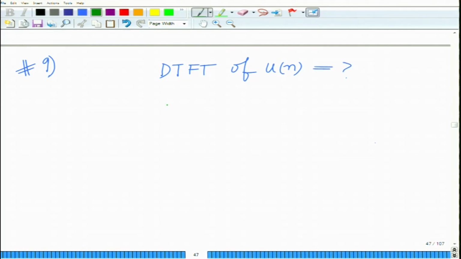What is the DTFT? Remember, u of n equals 1 for n greater than or equal to 0, 0 for n less than 0. So, this is basically your x of n.